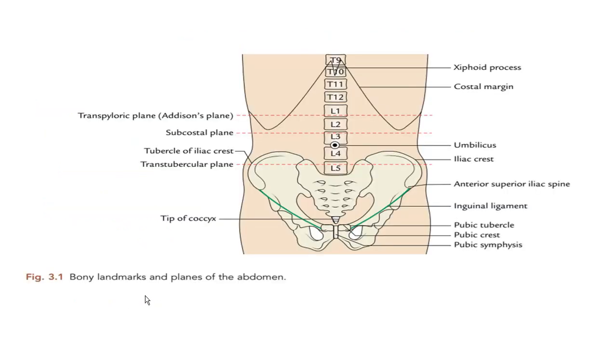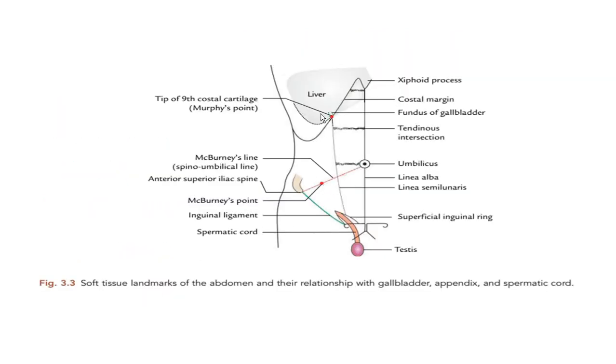It is a point at the junction of the medial two thirds and lateral one third of the line extending from the umbilicus to the anterior superior iliac spine, as you can see in this picture.